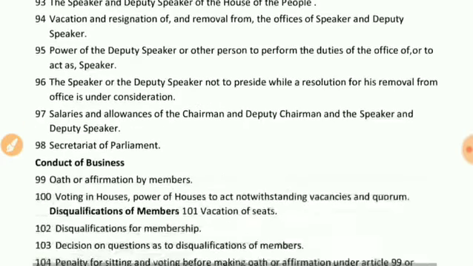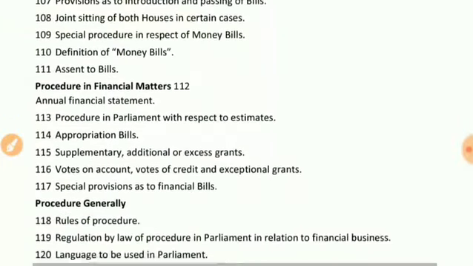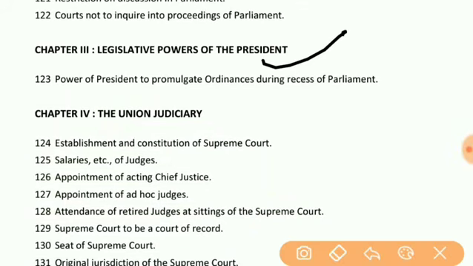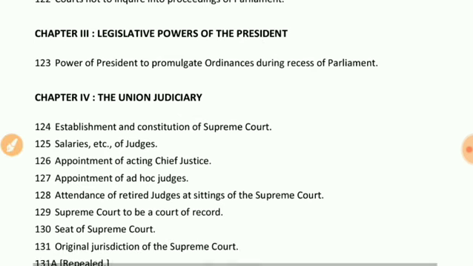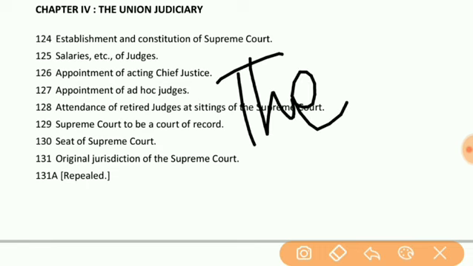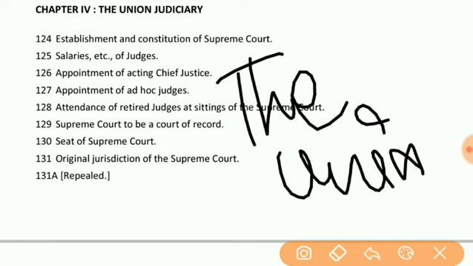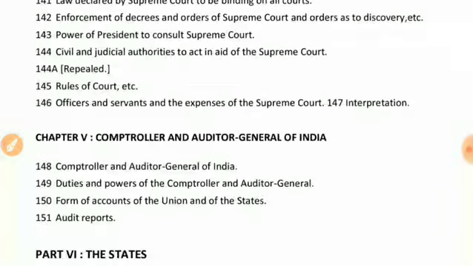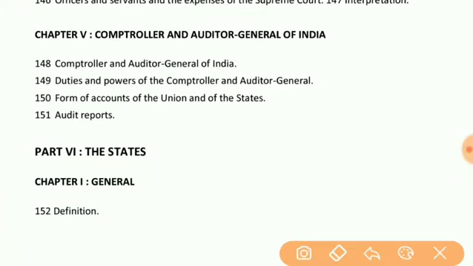After Parliament we have the legislative powers of the President, and in Chapter 4 we have the Union judiciary. Under this we have the Supreme Court. Because this part is about the Union, that is why we have only the Supreme Court here. And Chapter 5 under the Union is the Comptroller and Auditor General of India, that is CAG.